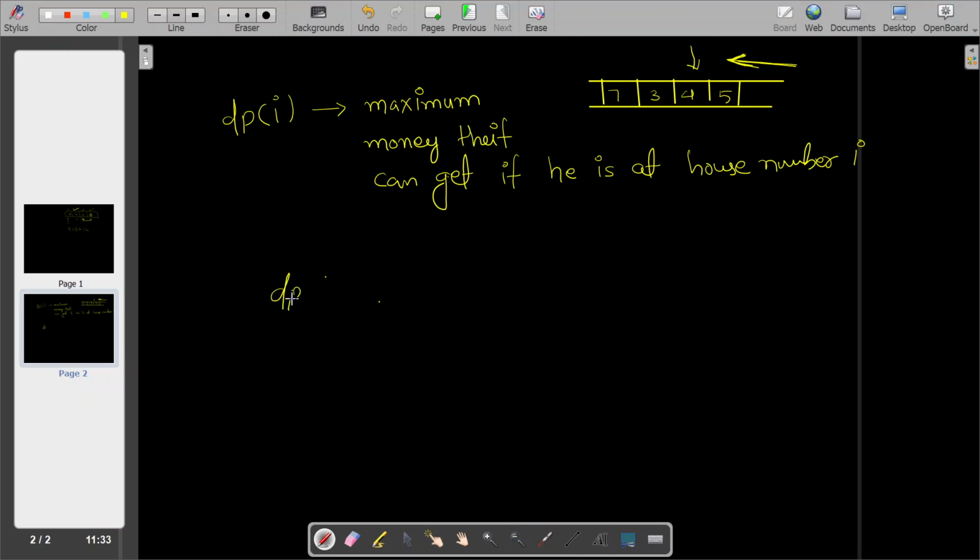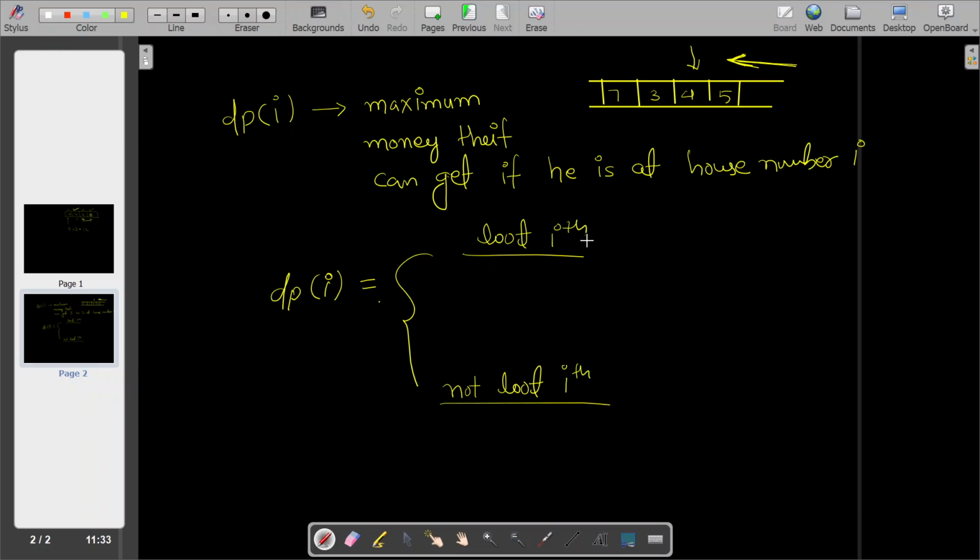What will be the transition? This is a state and what will be the transition? We have two cases. First one is loot I. Second is not loot I. Like we get money from the ith house, or we don't get money from the ith house.